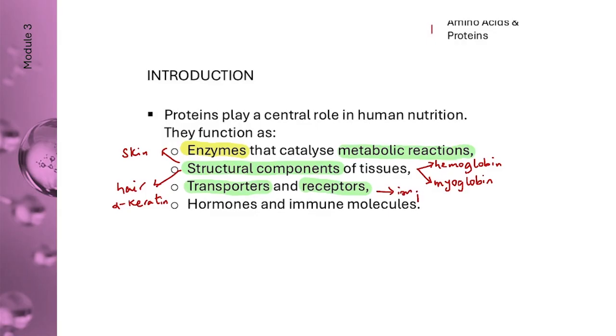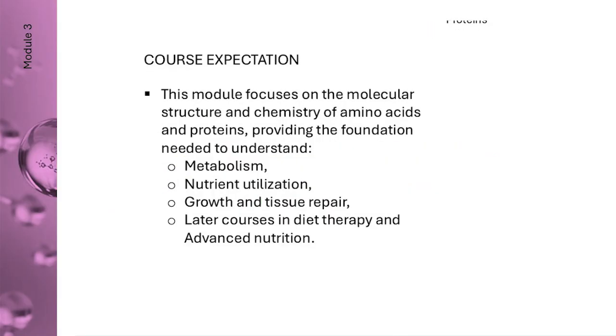So we can imagine all those things that we have done. They are largely proteins. If you also think about hormones, immune bodies or immune molecules, all these are proteins. Okay? So it's good that you already have that idea that all those things are proteins.